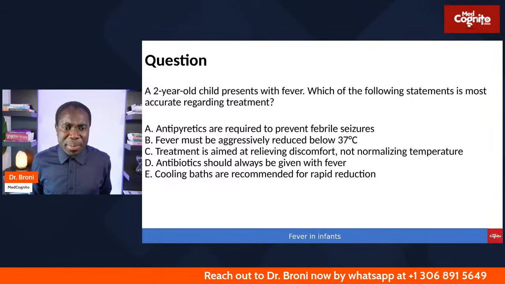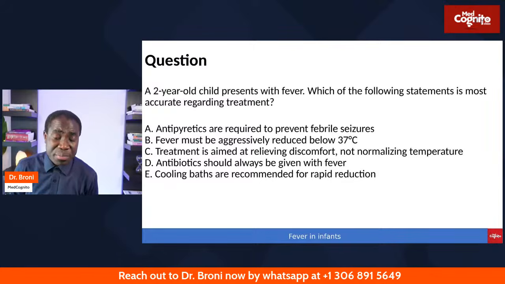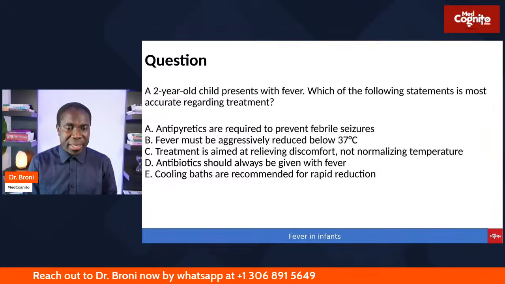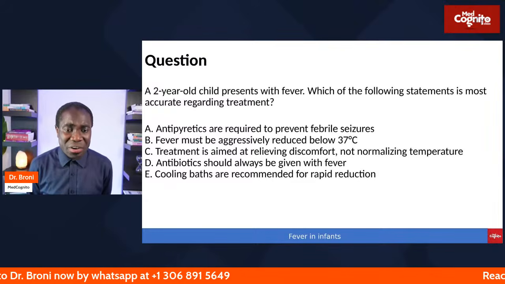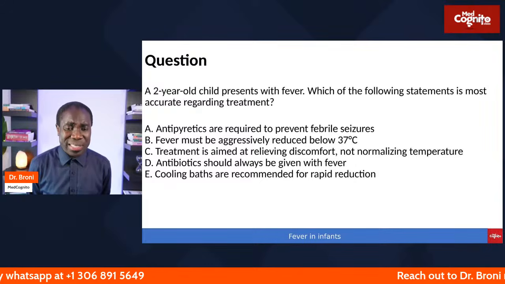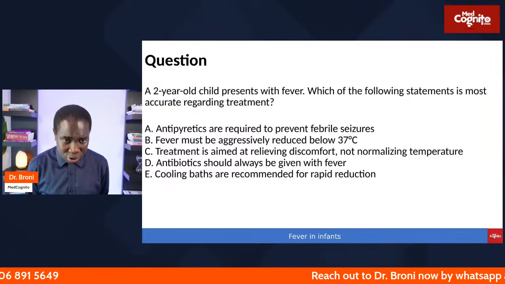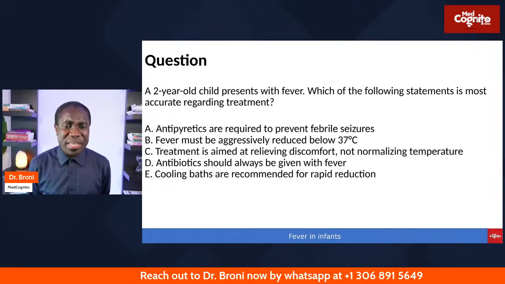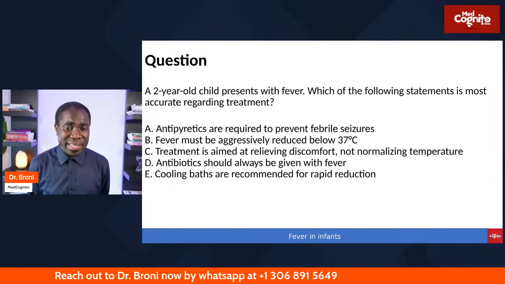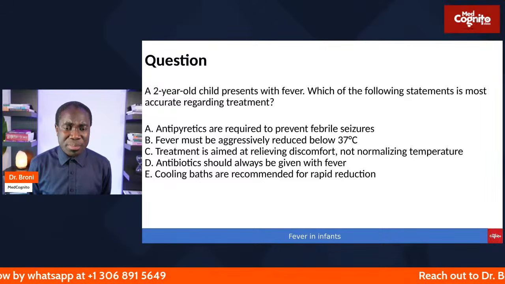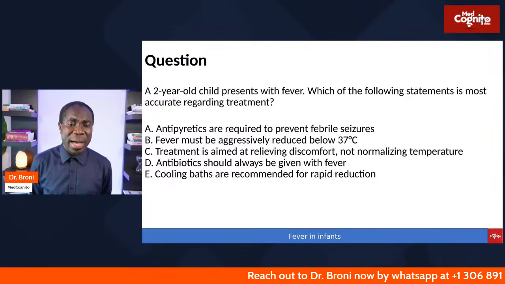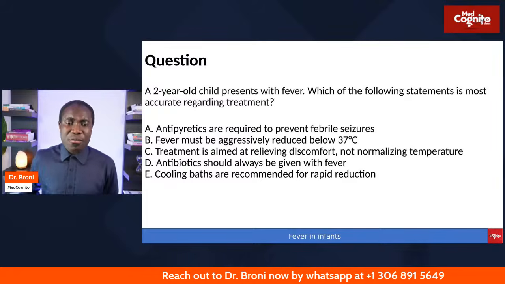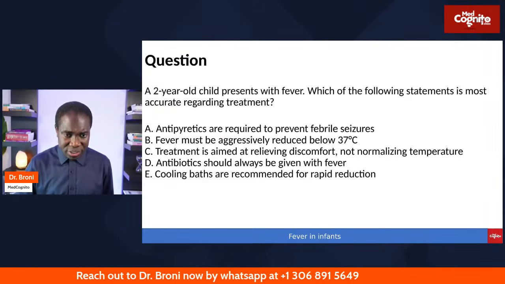A, antipyretics are required to prevent febrile seizures. B, fever must be aggressively reduced below 37 degrees Celsius. C, treatment is aimed at relieving discomfort, not normalizing temperature. D, antibiotics should always be given with fever. And E, cooling baths are recommended for rapid reduction.